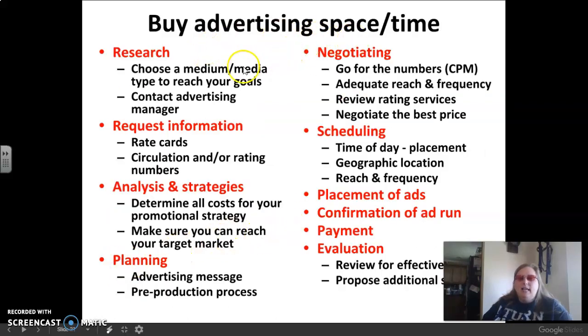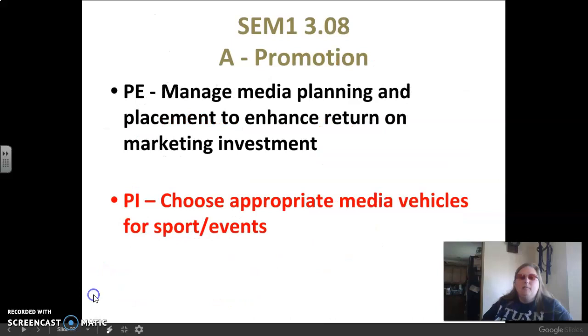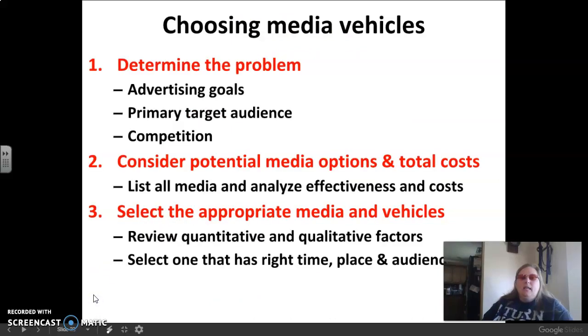Buy your advertising space. This just goes over the things you need to do to understand how to buy your advertising space. So choosing the vehicle of media you want to use, what is your goal for this advertising campaign? Is it a seasonal thing where you're just trying to push some products through?